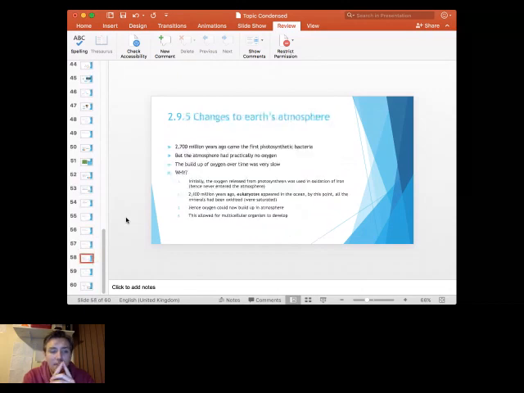The final learning point for photosynthesis is to talk about how the Earth's atmosphere has been influenced by photosynthesis. The first time that photosynthetic plants came along was roughly 2.7 billion years ago.